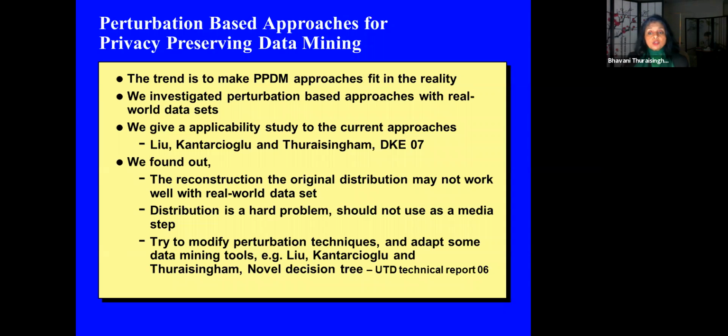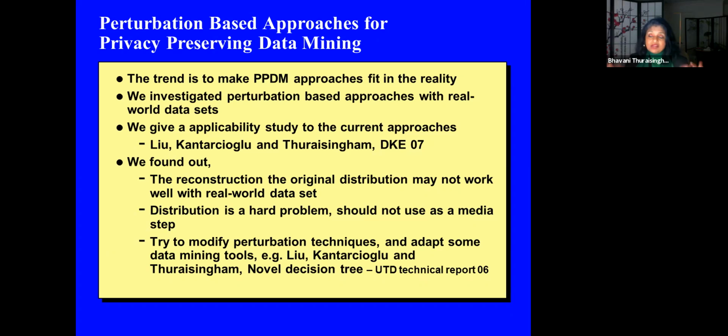Okay. So, perturbation-based approaches for privacy-preserving data mining. The trend is to make PPDM approaches fit in with realities. So we investigated perturbation-based approaches with real-world data sets, and we give an applicability study of the current approaches. We found out the reconstruction of the original distribution may not work well with real-world data sets.